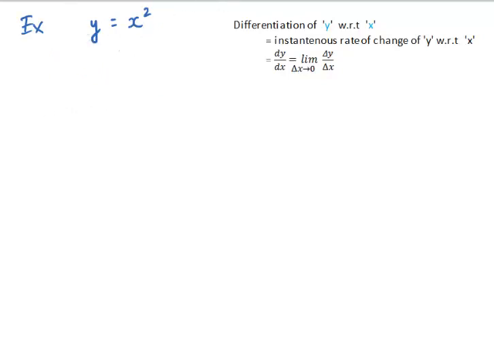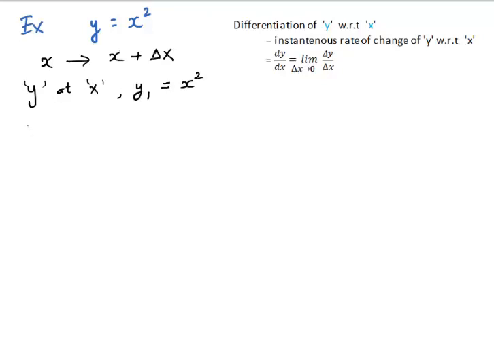So let's see what happens when x changes. Let's say x changes from x to x plus delta x. The value of the function at x, y at x, let's say that is y1, is simply x square.